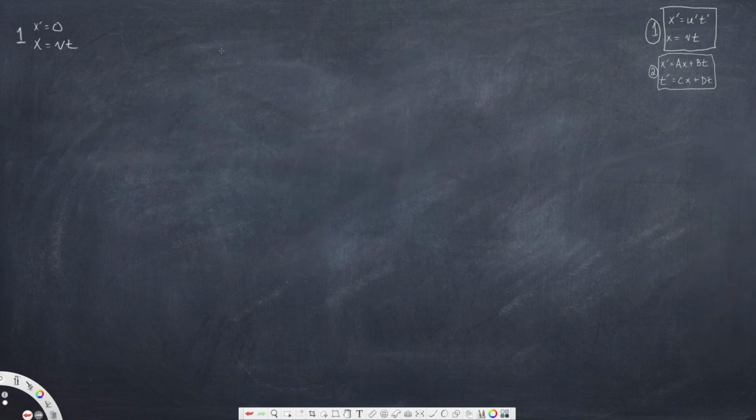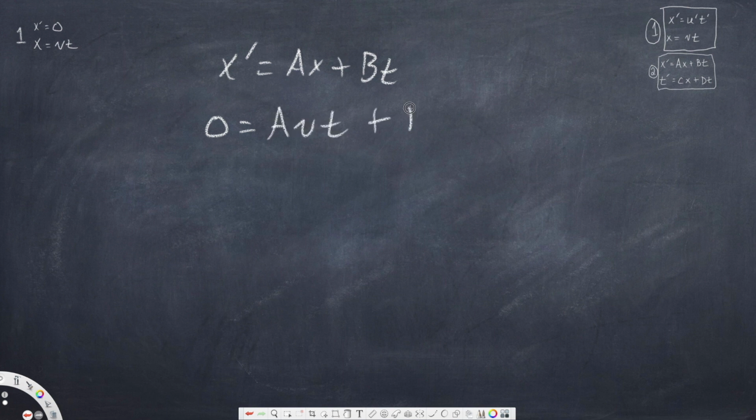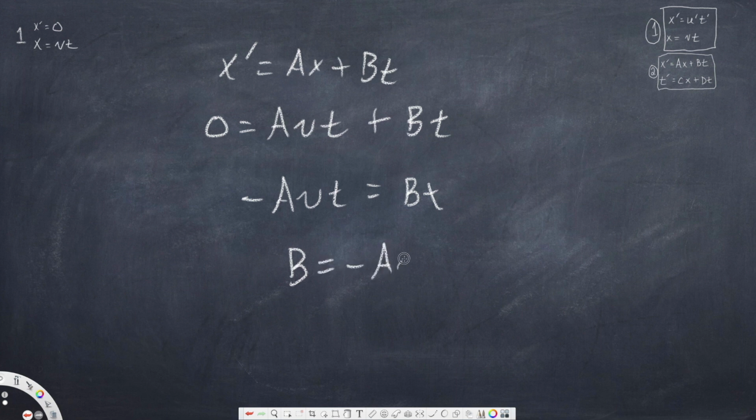Inserting these into equation 2, X', which equals ax plus bt, becomes 0 equals avt plus bt. If we move a to the other side, and then divide both sides by t, we are left with b equals negative av.